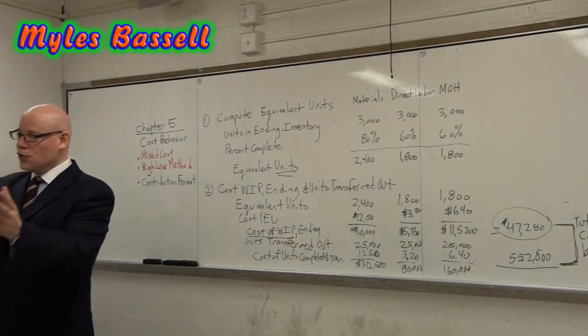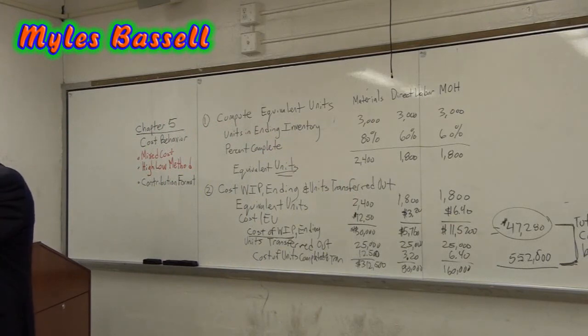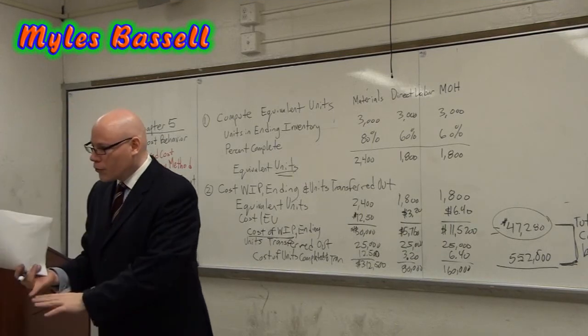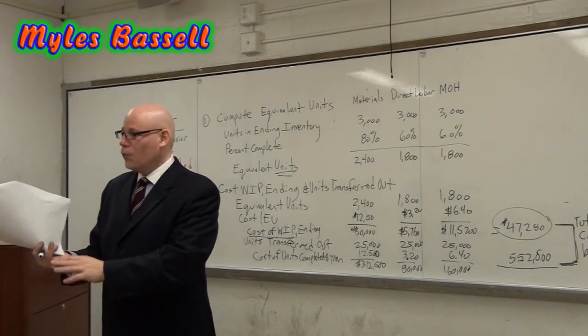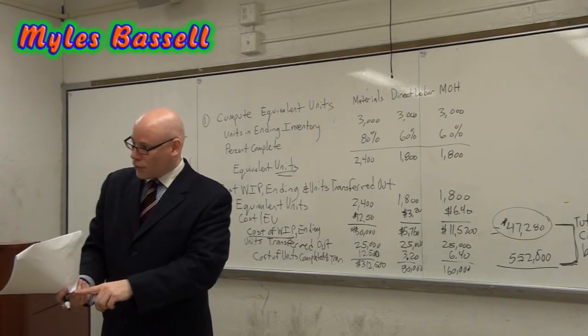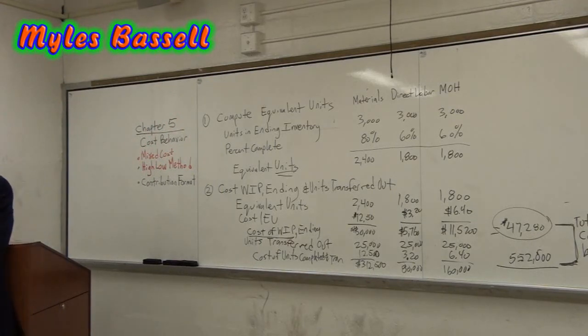Then that value of work in process, whatever is completed, becomes finished goods inventory. Because remember, we said we have different types of inventory. We have raw materials, we have WIP, we have finished goods. Those are what types of accounts?